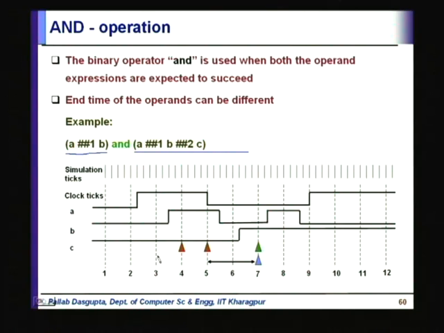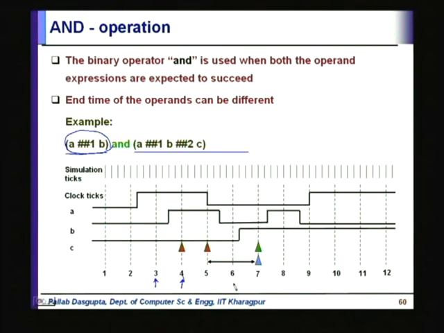Now, which is the point where we are going to say that the whole thing has matched, right? So, let us look at this example. So, we had A here, then ##1 B. So, here this part has matched, the match of this is here, the red arrow. Then look at the second one. For the second one also the match started here. So, we had A here, we had ##1 B, then we look at ##2 C. So, this is next to next, right.